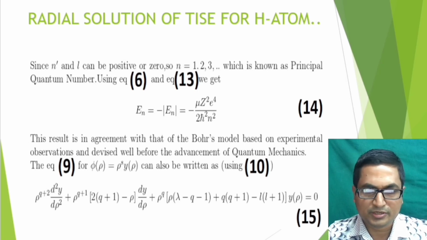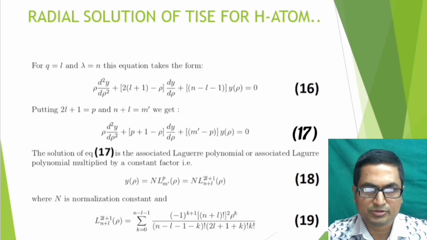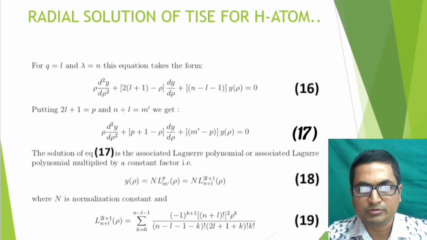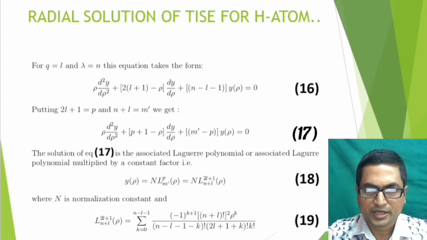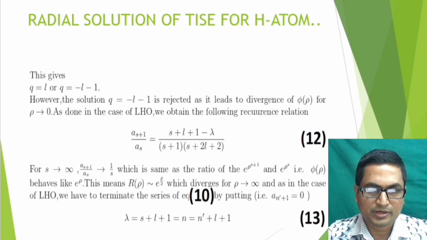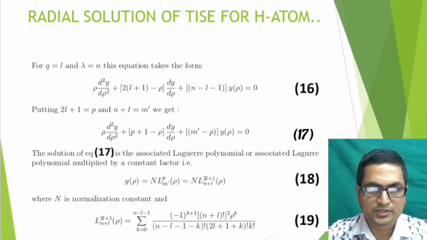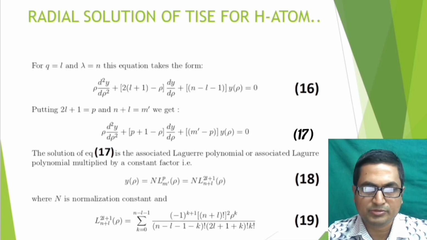Now equation 15 can also be solved through some simplifications. We put q equal to L, as we have already arrived at q equal to L, and lambda equal to n as given by 13, and equation 15 now becomes somewhat simpler, as given by equation 16. So these things are already there, and putting them here in 15 we get this.